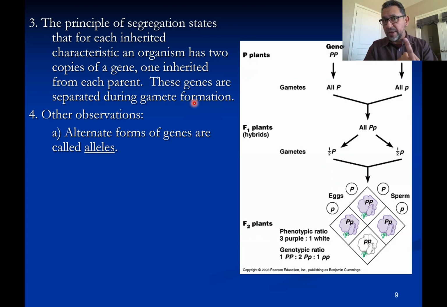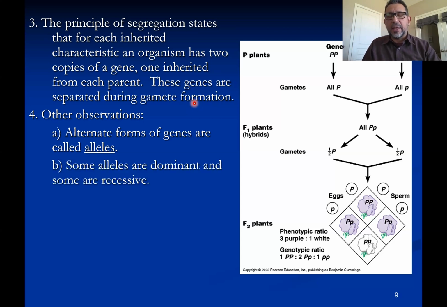But in the case of garden peas, there are two different types of colors that can be produced. That's the alleles. For flower color and the gene responsible for flower color, there is a purple version, and there is a white version. So purple and white, those are the alleles, the two versions of the flower color gene.